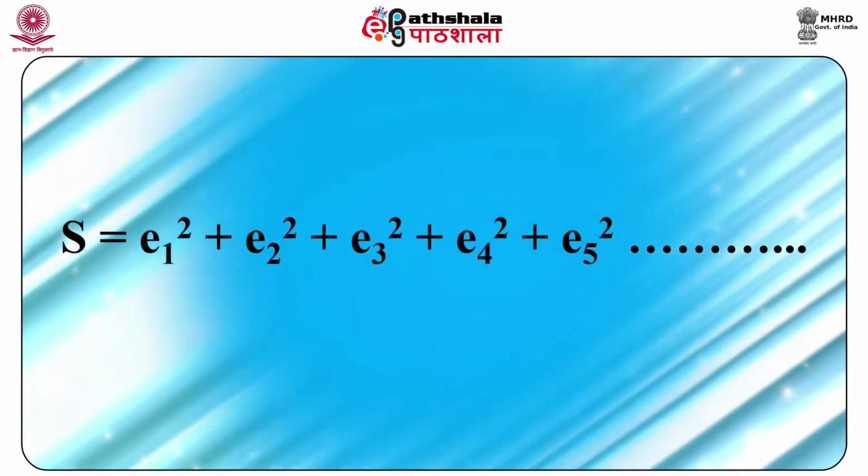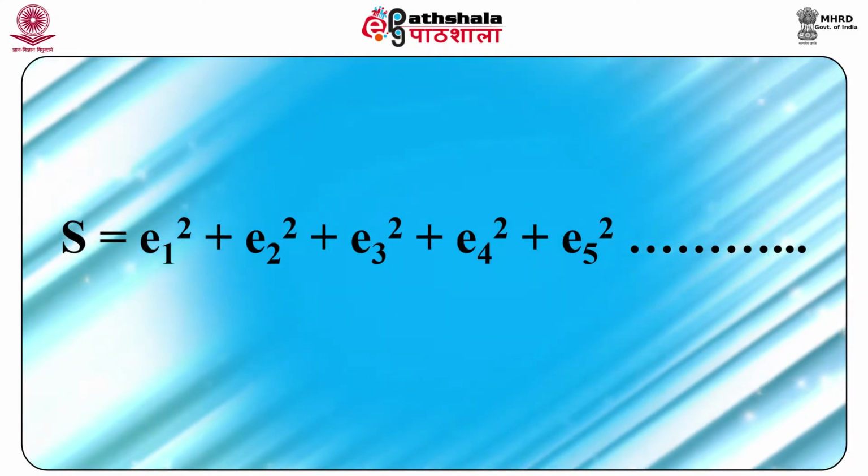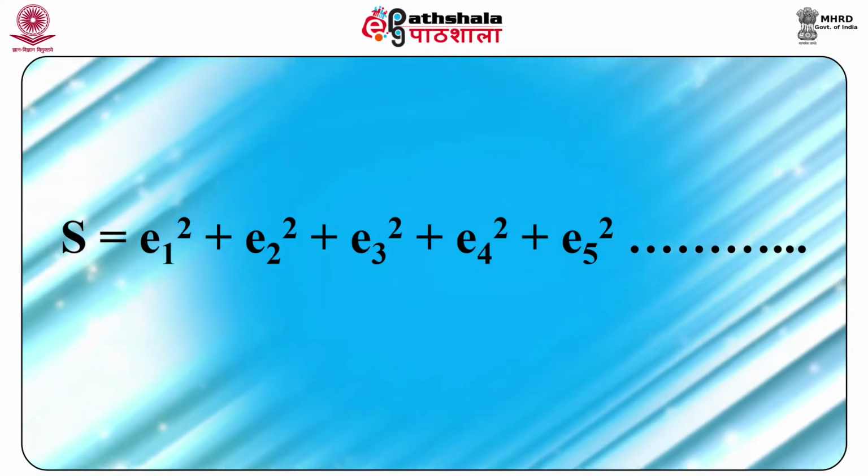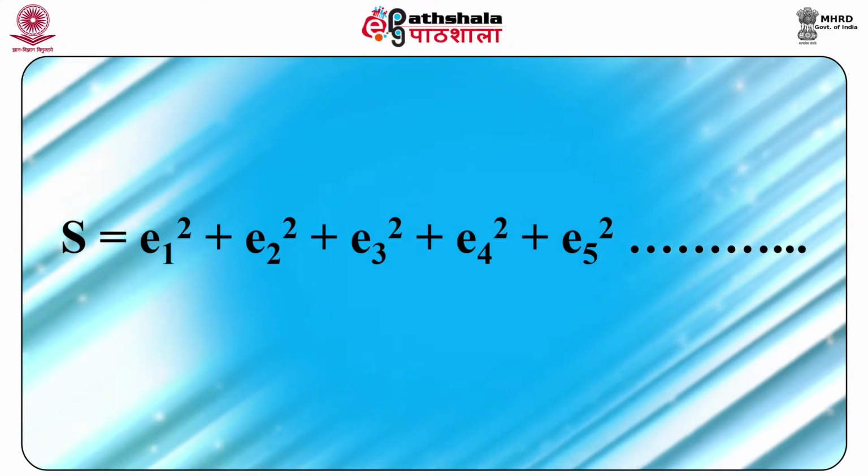One another way is to minimize the sum of the squares of the residuals. That is, S is equal to e1 square plus e2 square plus e3 square plus e4 square and so on. On squaring the residual, we have two advantages.